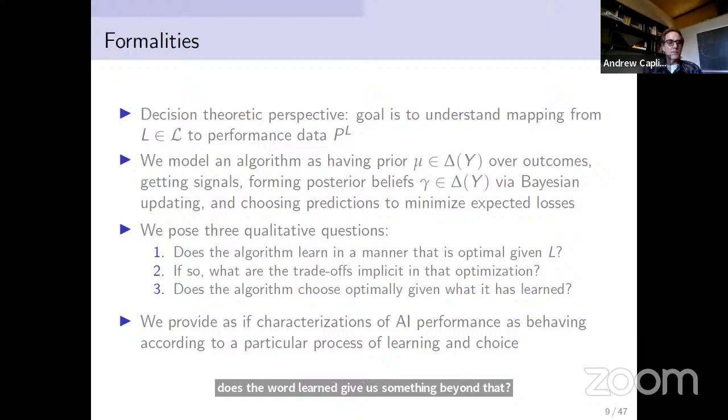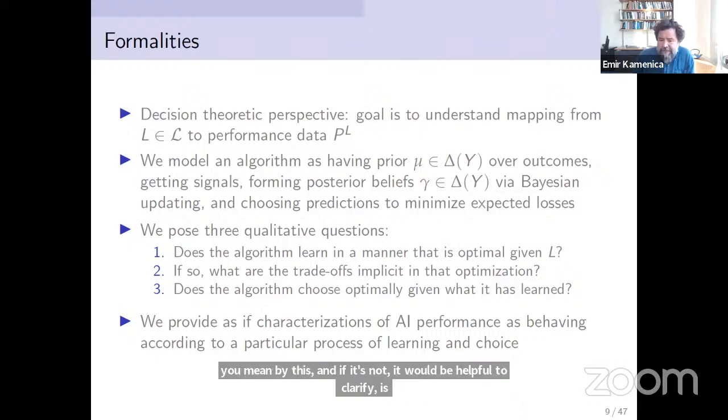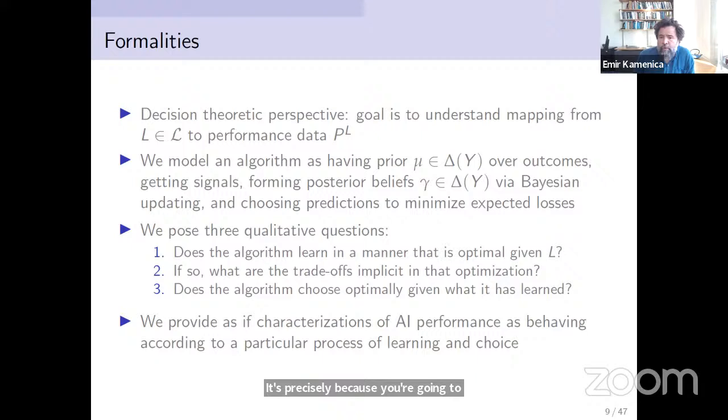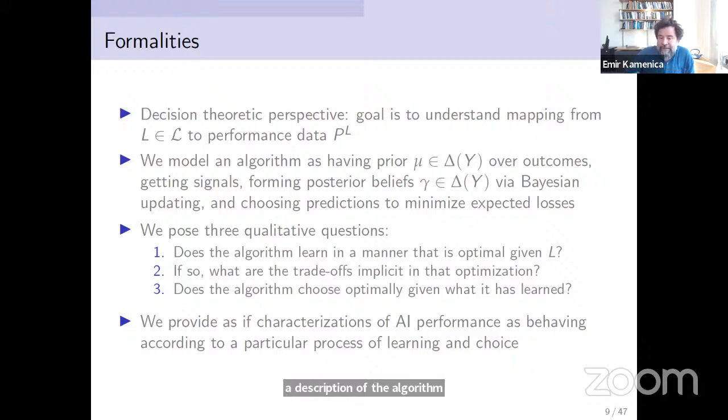I thought that what you mean by this, and if not, it would be helpful to clarify, is that it's precisely because you're going to have this as-if representation. So you will have a description of the algorithm that actually describes gammas, these posterior beliefs.